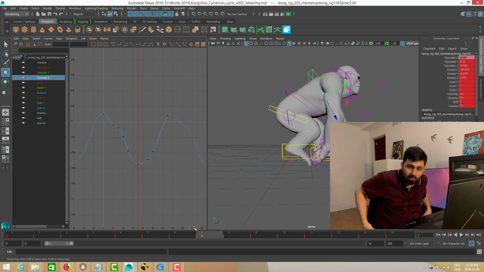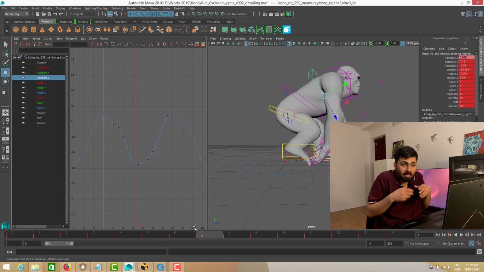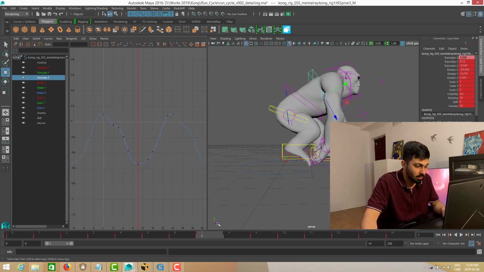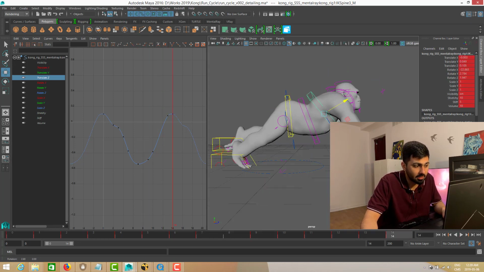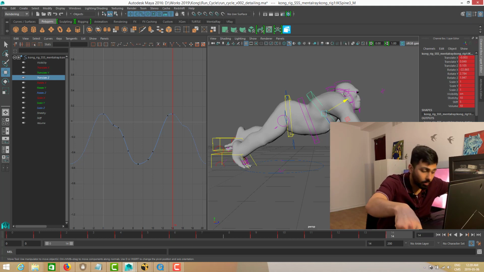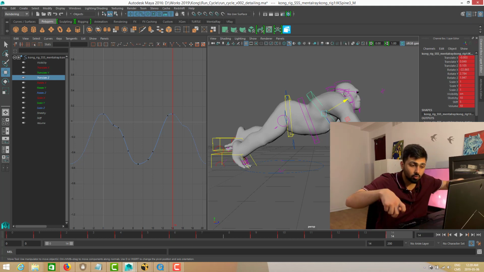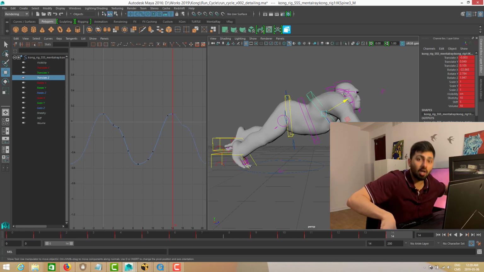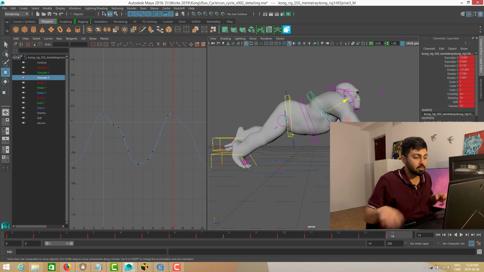His back body will come forward, his front body will also go back. Because of that, his body needs to go up. And the lowest position of this gorilla is the stretching pose, frame 14, or you can say frame 0. In that he's completely stretched and he's about to fall down, and as soon as he stretches, he has to go up to push himself again. So the lowest position we can say is frame 14.